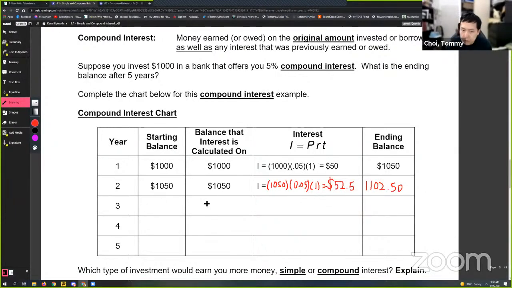And so that new ending balance becomes our new starting balance. And I think you guys can see where this is going. The interest will apply to our new starting balance, and you start calculating the rest. So if we calculate the new interest again, we get $1,102.50 times 0.05 times 1.